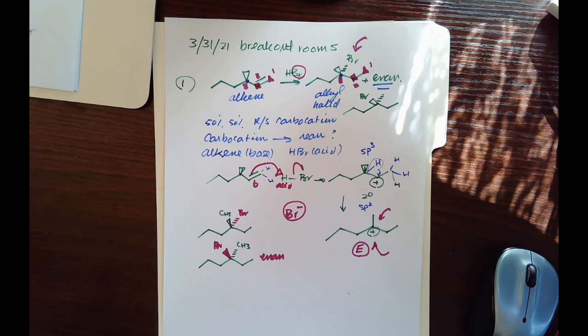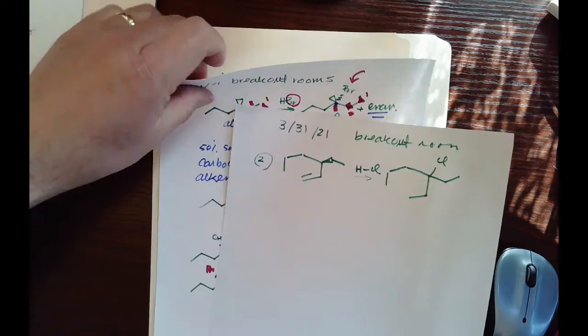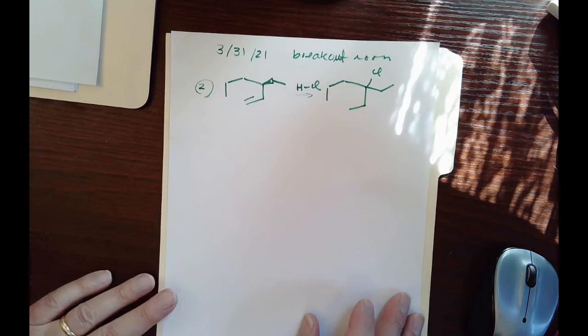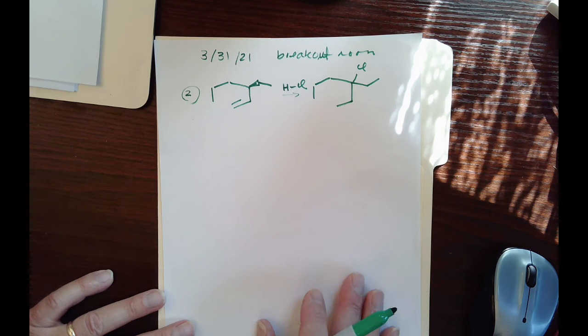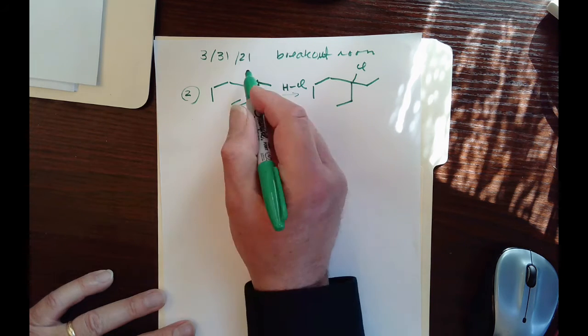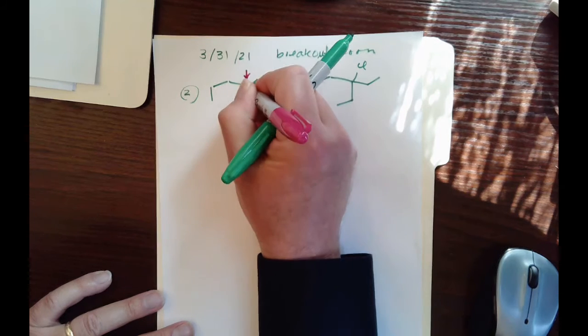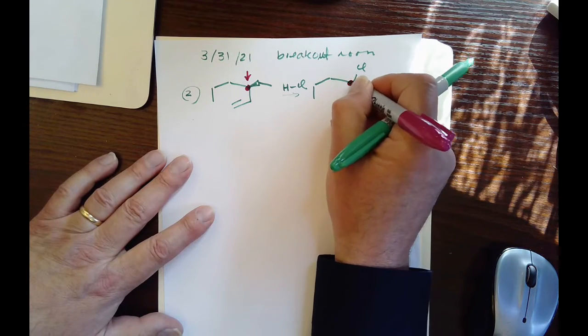Problem number 2 is similar to problem number 1. It's showing us that we have a stereocenter. The stereocenter in this case is completely gone. So you can see we start with the stereocenter here, and that stereocenter is not there anymore.